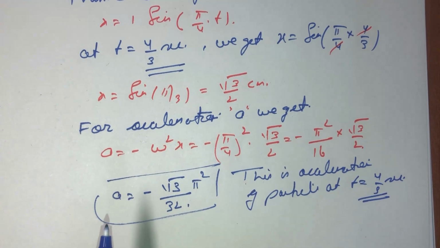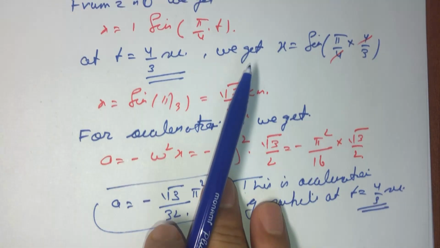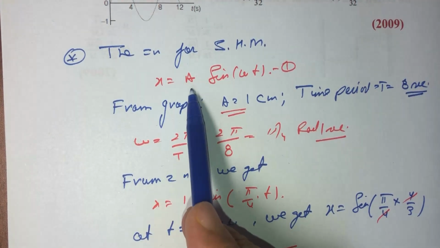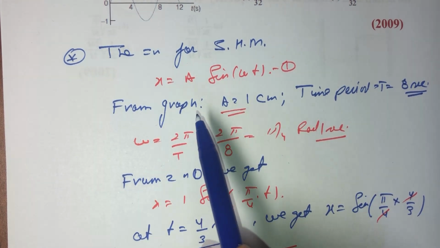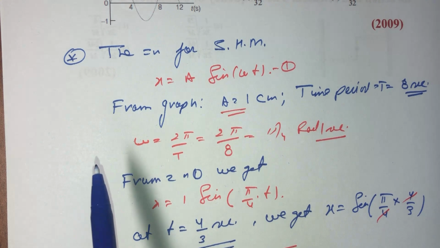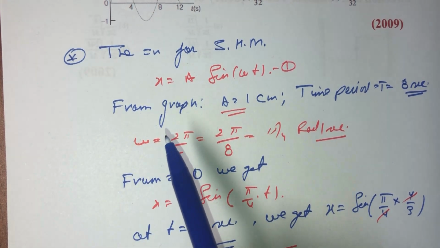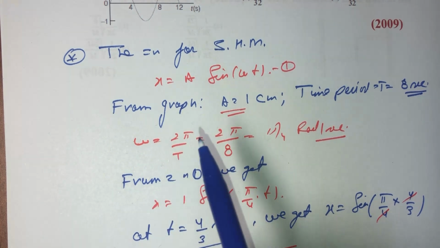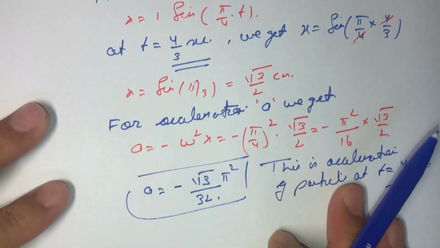We already know from equation 1 that x is equal to a sine omega t, and if we take a single derivative, we get the equation for the velocity, and if we take the derivative a second time, a double derivative of x, we get the acceleration. So let's try the second approach.